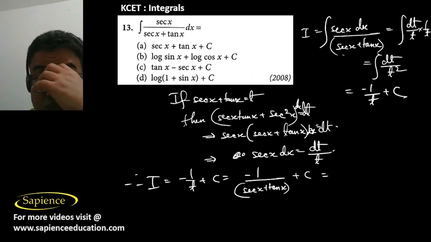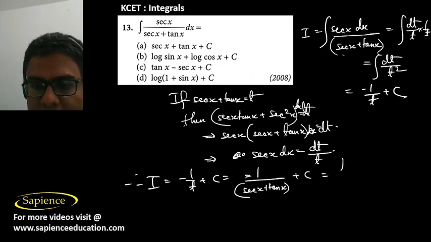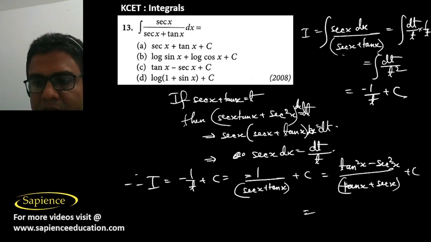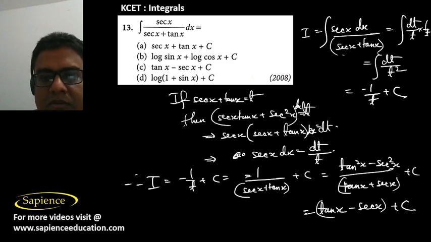Now 1, we can write as secant square x minus tan square x. Since it is minus 1, we can write it as tan square x minus secant square x divided by tan x plus sec x plus c. So this we can write as tan x minus sec x plus c. So it means that option C is the correct answer.